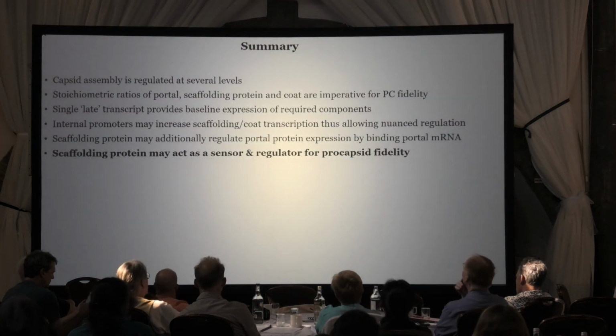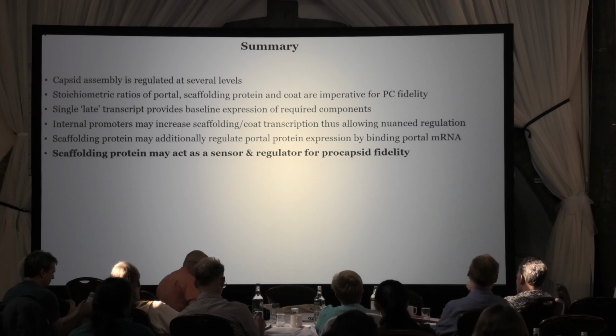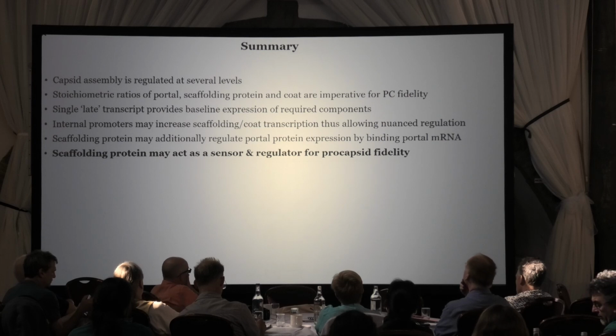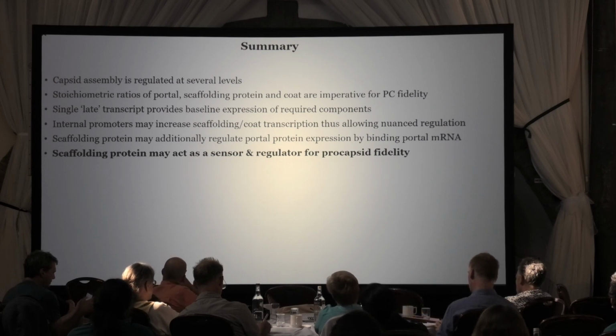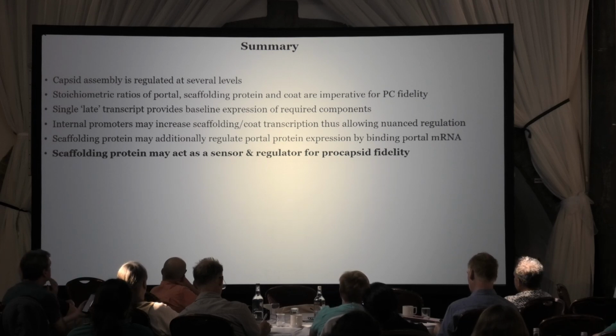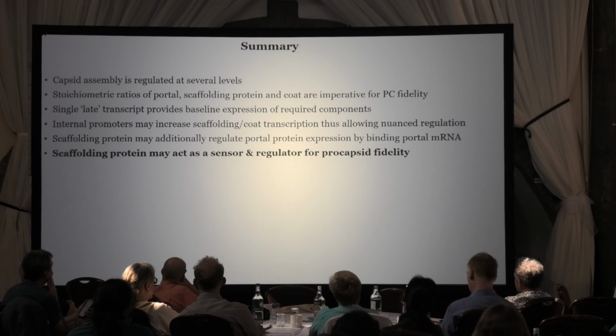And so, in summary, capsid assembly is regulated at multiple levels. Stoichiometric ratios of these scaffolding, coat, and portal proteins are imperative for procapsid fidelity. The single late transcript does provide seemingly a baseline level of transcript for all the structural genes, but internal promoters may increase the scaffolding coat ratio, and also allows more nuanced regulation of scaffolding protein levels in the cell.